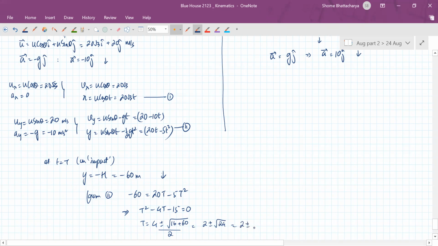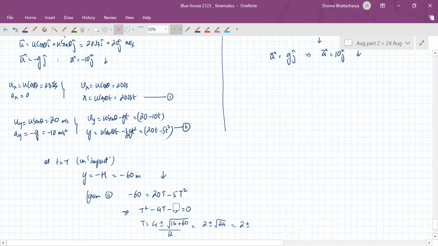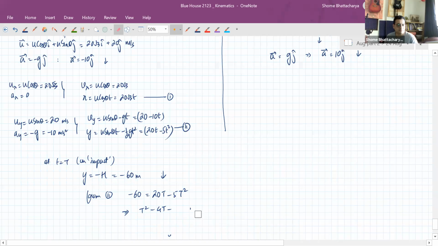It will be 12, right? T square minus 4t minus 12. Oh sorry, my mistake. We're dividing by 5 and not by 4. So yes, correct. It should be 12. So I think this should be easier to factorize. Sum of the roots is 12 and product of the roots is minus 4.